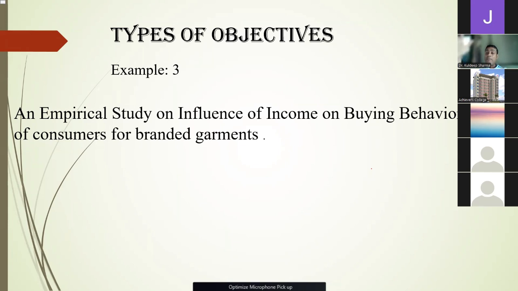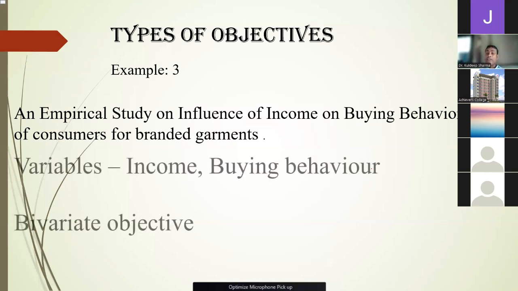And buying behavior is also a variable. But now I want to ask a question. Which type of variable is it? Definitely we have two variables. This is called bivariate. Yes, but which type of variable do we have? We have two variables, income and buying behavior. So which type of variable is it?